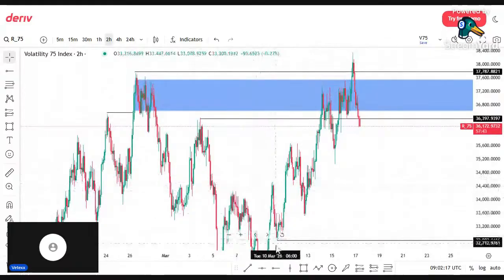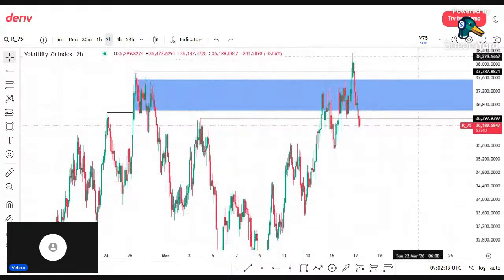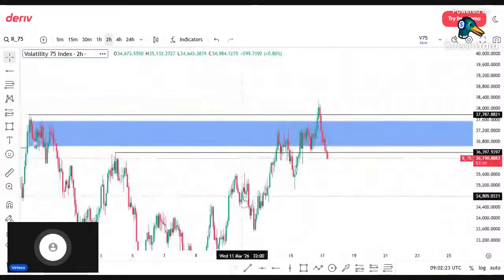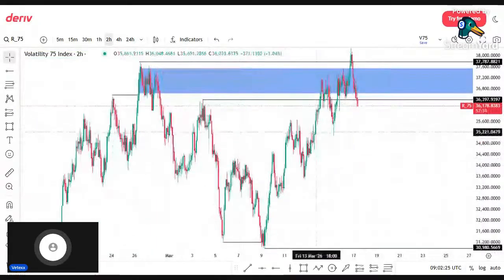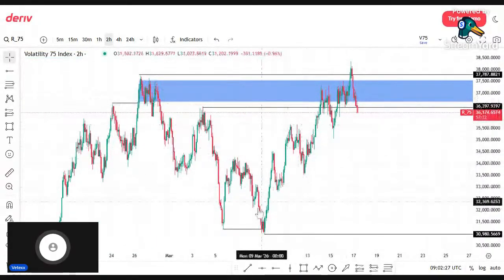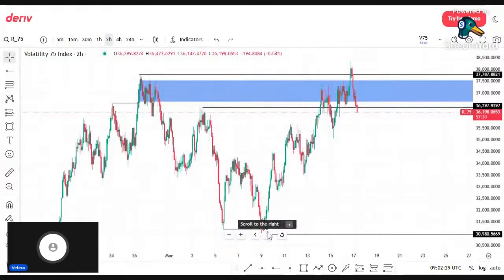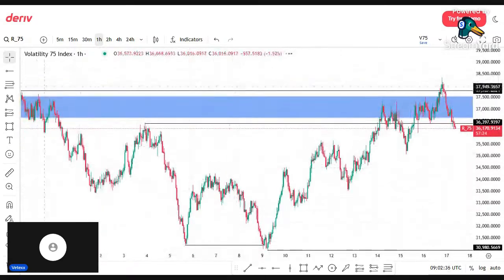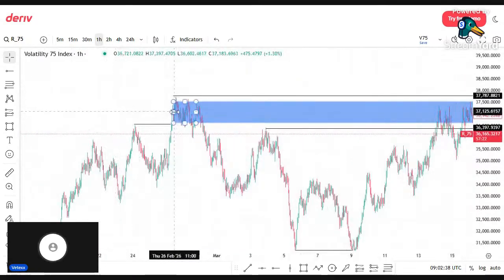And let me take this out. So scaling down to the 1 hour time frame, because this is on the 2 hour time frame, this is our starting point and then below here is our finish point. So going to the 1 hour time frame, we have our continuation setup. Let me take this out too.